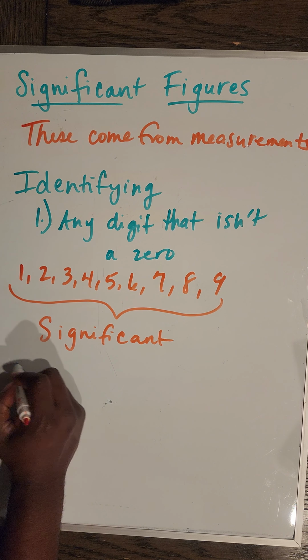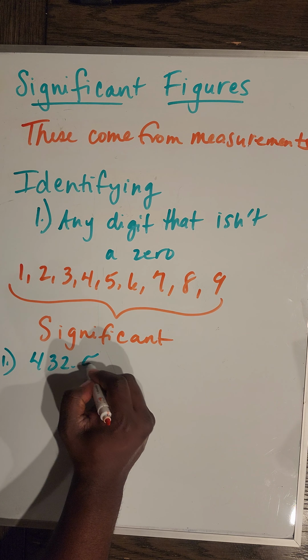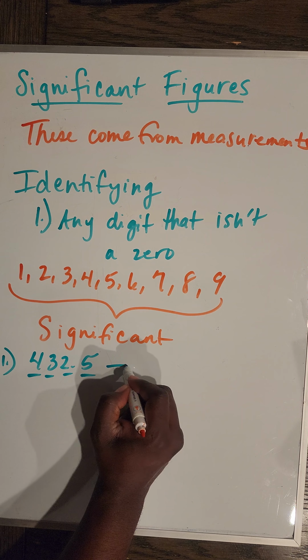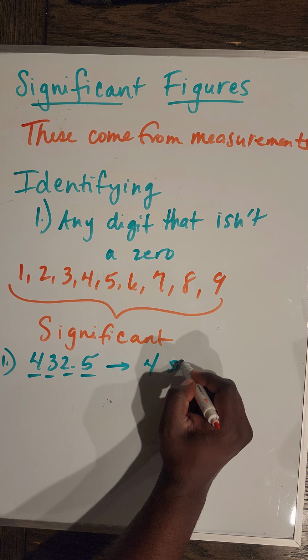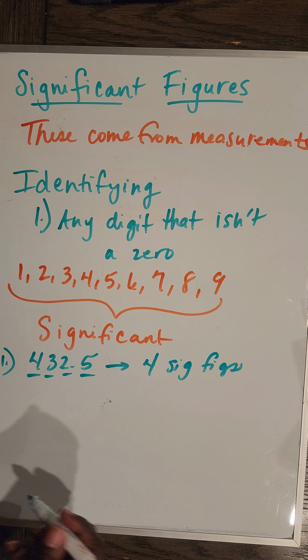So if you see a number like 432.5, all of these are not zero, so all of these are significant. So you have 4 sig figs. And so this part is really easy.